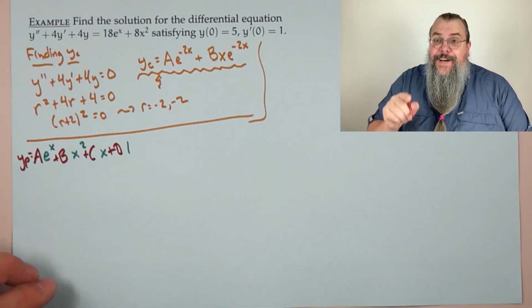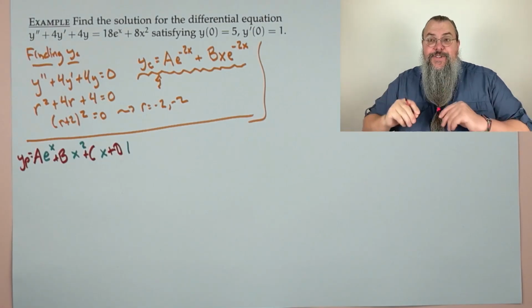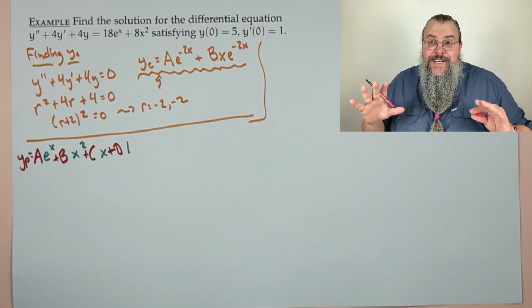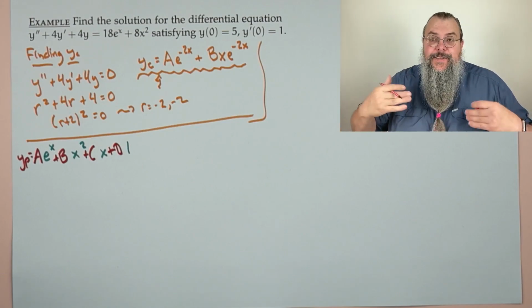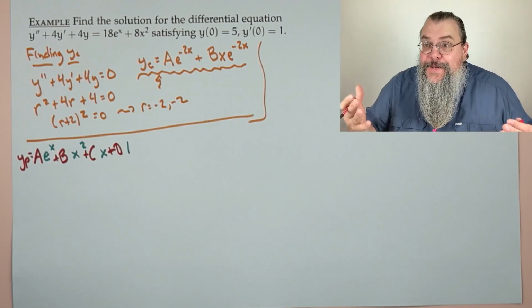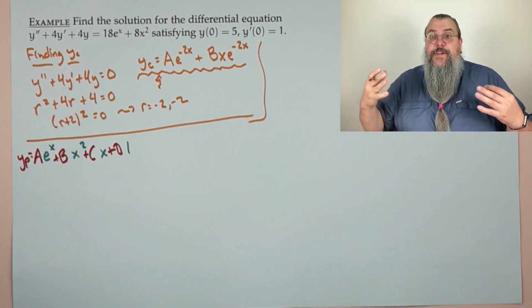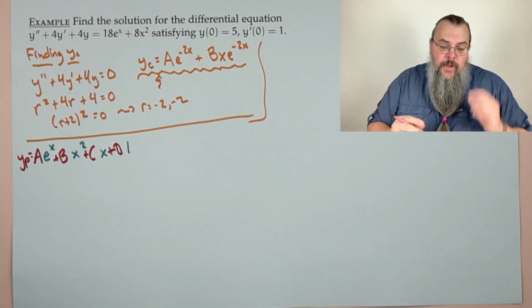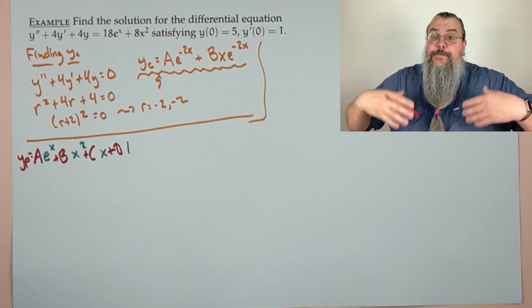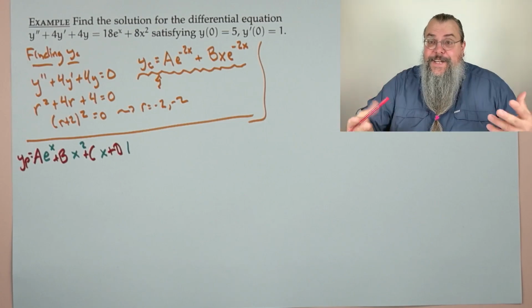But that's not our particular solution. Our particular solution will not have constants at the end. We have to determine these constants. We have to determine the coefficients. It's in the name, undetermined coefficients. Well, of course, now you go and determine them. How do you determine them? You verify, plug it in.